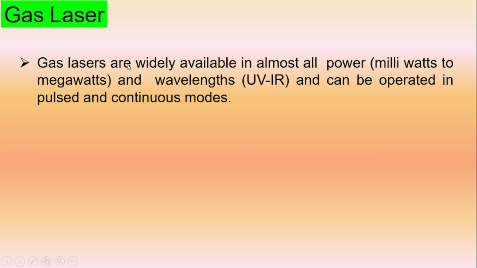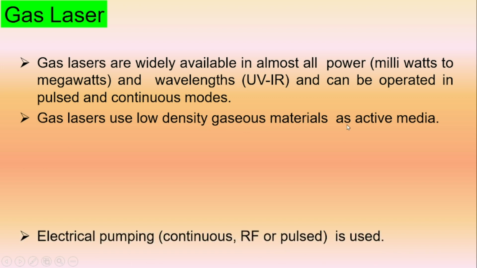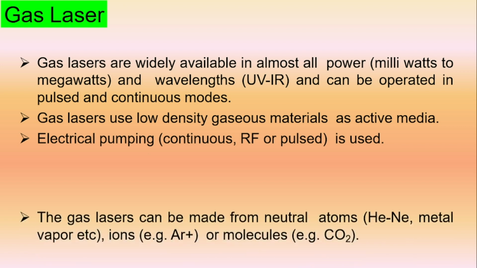Gas lasers are widely available in almost all powers, from milliwatts to megawatts, and wavelengths from UV to infrared, and can be operated in pulse and also continuous modes. Gas lasers use low density gaseous materials as the active medium, and electrical pumping is used as the energy source in gas lasers.